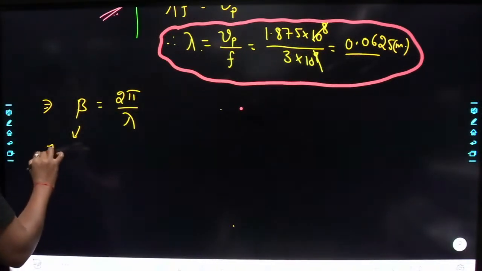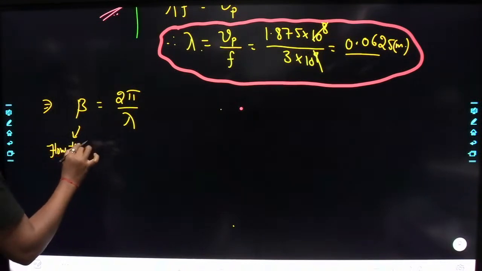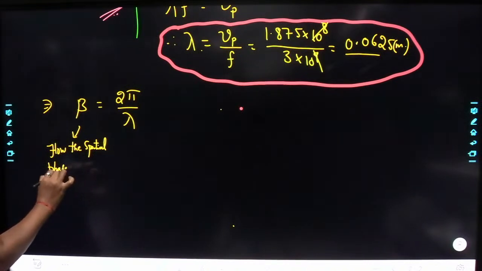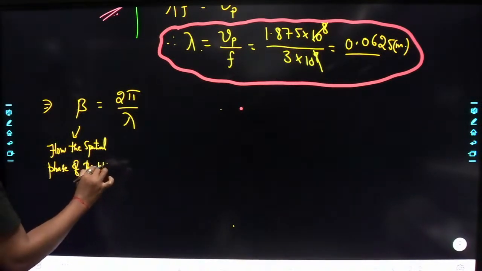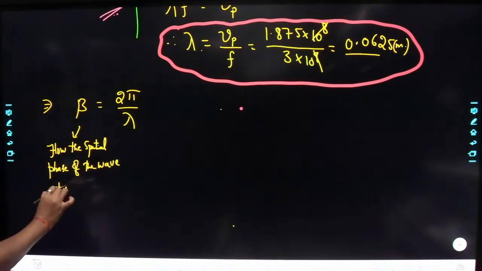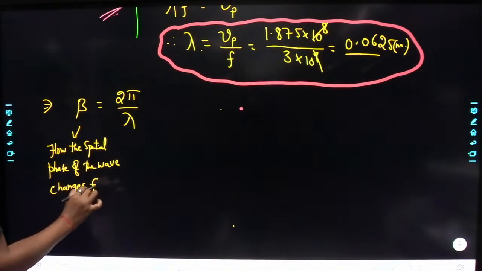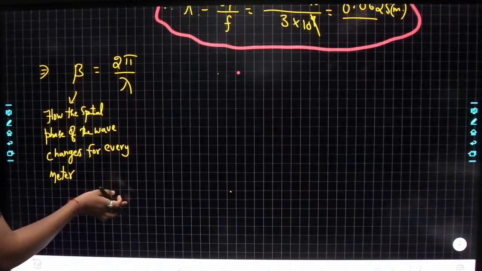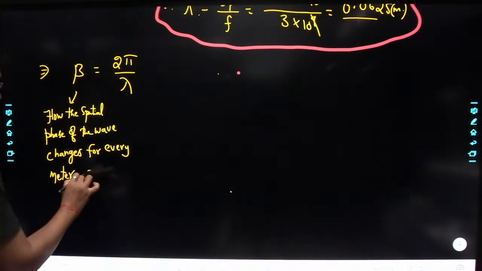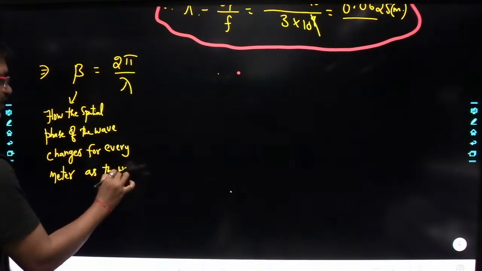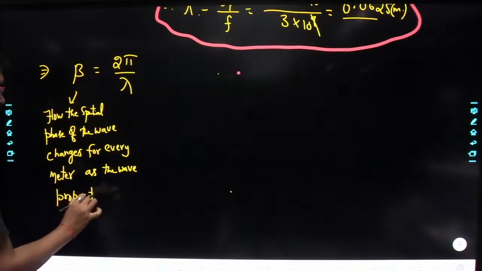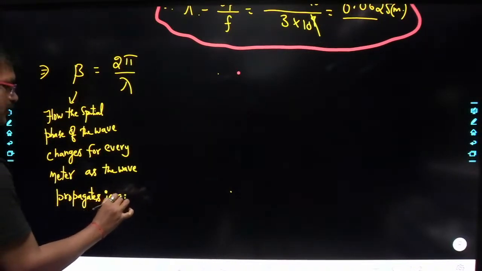What is it going to tell you? How the spatial phase of the wave changes for every meter as the wave propagates in a medium.